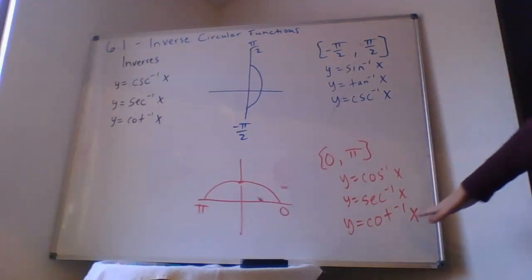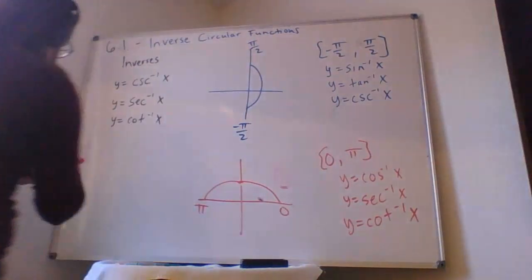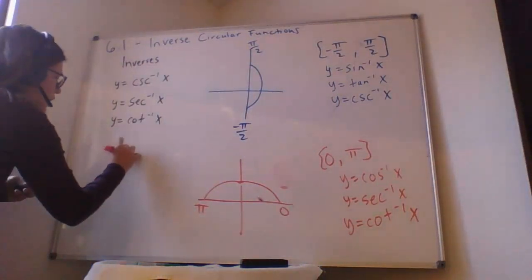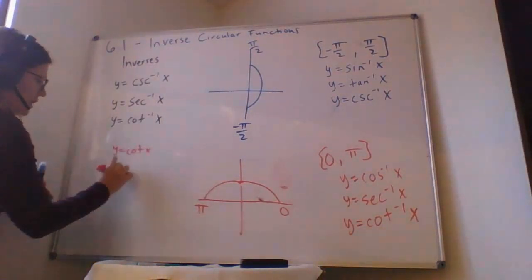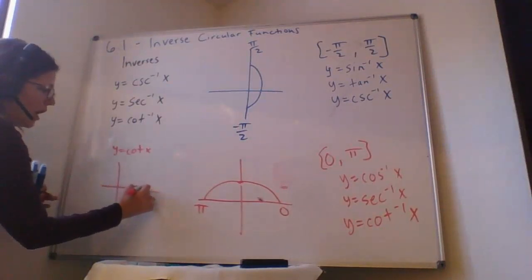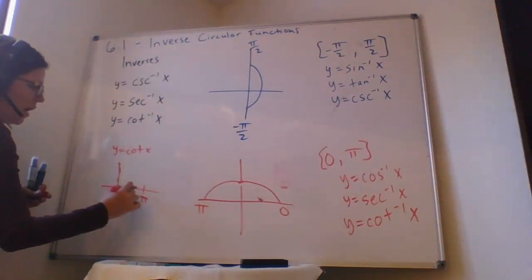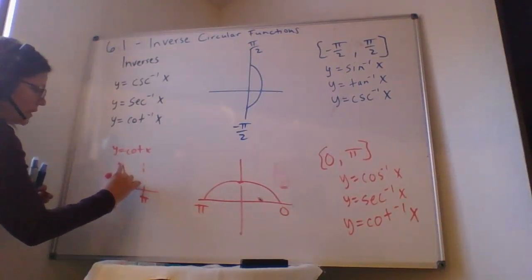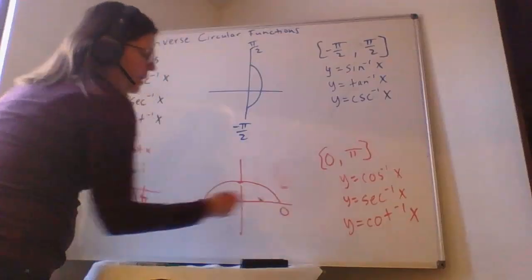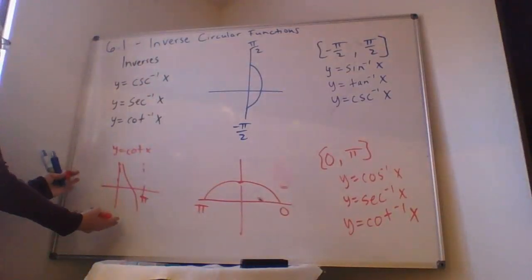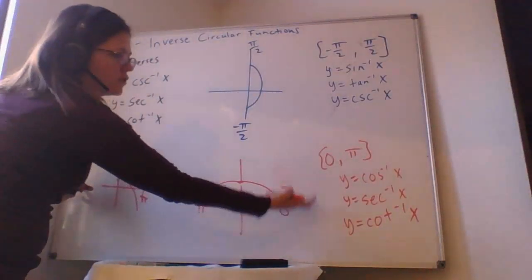For cotangent, one thing I like to think of is the y equals cotangent x, the regular function that we're more familiar with. Our asymptotes were at 0 and pi, so then we got that full range here in between 0 and pi. So that's graphically why it makes sense that the cotangent inverse is going to have a range of 0 to pi.